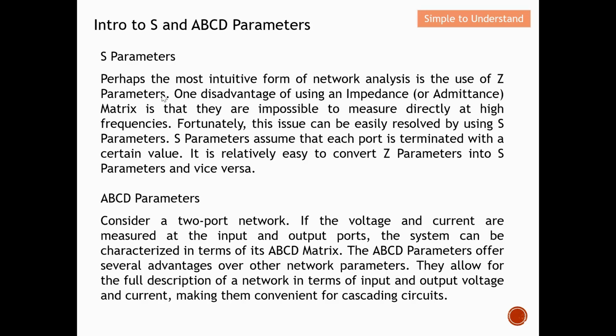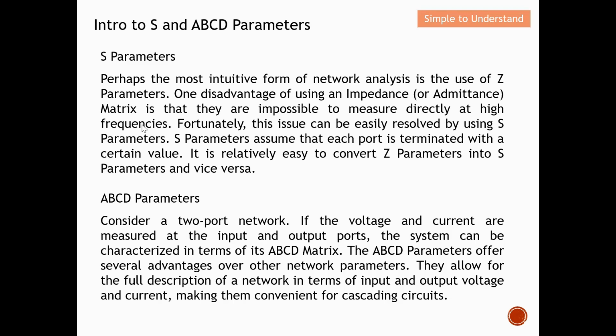These Z parameters, or impedance parameters, are in fact the most intuitive form of network analysis, which means that Z parameters are often used when we want to describe some form of network analysis. However, there is one big disadvantage of using Z parameters, or impedance parameters, and also admittance or Y parameters: they are impossible to measure directly at high frequency.